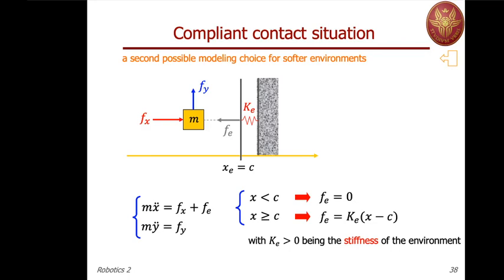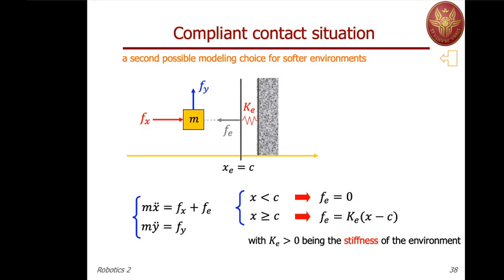So in this model, indeed we don't care too much what is the velocity with which we hit the surface. Moreover, the force will progressively be a continuous one from 0 in the free space. Then at the contact, when x is equal to c, we still have a force equal to 0.